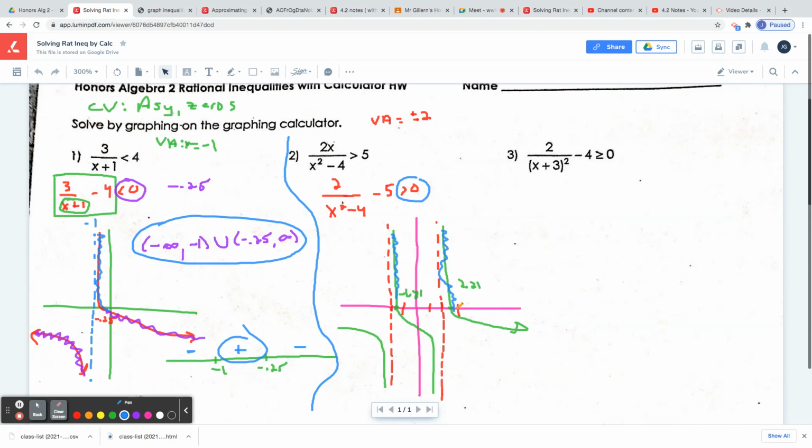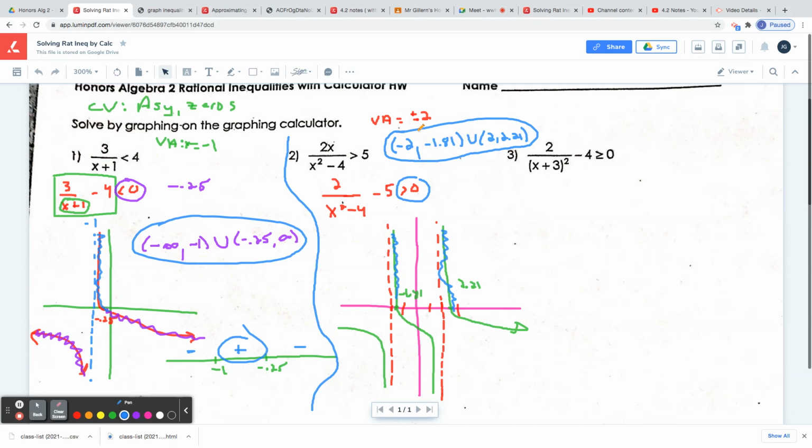Does everyone understand that's the 2 spots where it's above? Now you just have to figure out what the critical values are that it's between. This one is between the dotted line, which is our asymptote, -2, to this 0, which is -1.81. This is no equals to, so they're both going to be parentheses, union this one, which is positive 2 to 2.21. There is your answer.